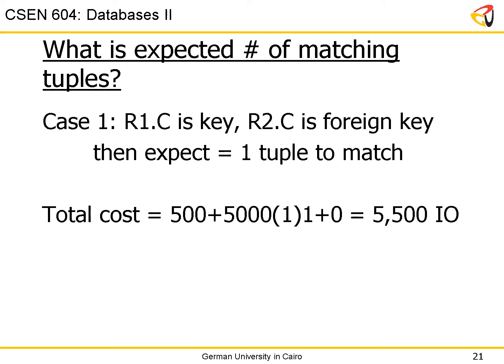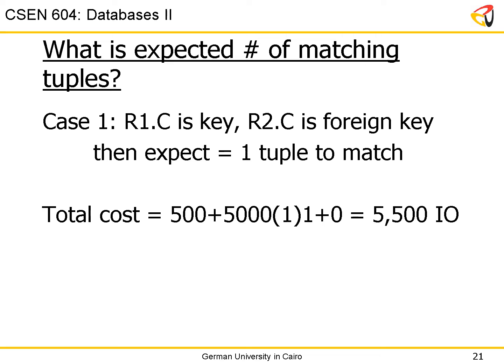Here is one very important question to understand the IO cost of this: what's the expected number of matches every time I go to R1.C and ask, does this exist? We have a number of cases. In the first, more common case, R1.C is the primary key, and R2.C is a foreign key.